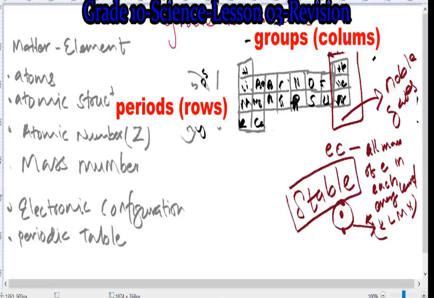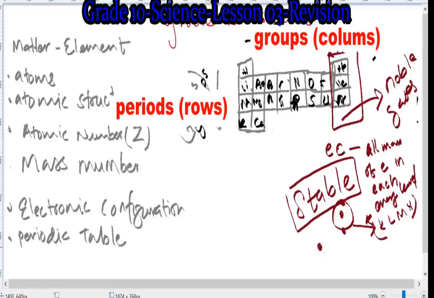Because this is stable, I told you that these were the ones who were very satisfied with themselves. They don't want to become anybody else. They don't get involved in reactions. So they are stable and they don't get into reactions, which means we don't have to worry about them much.